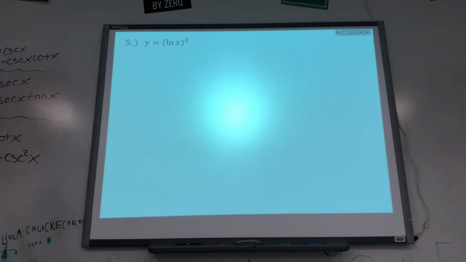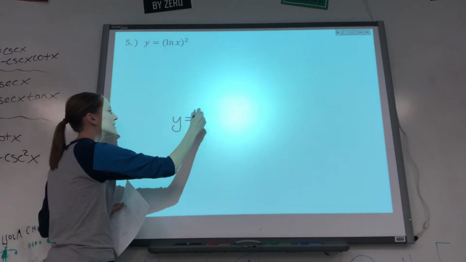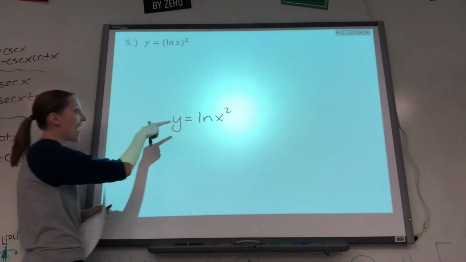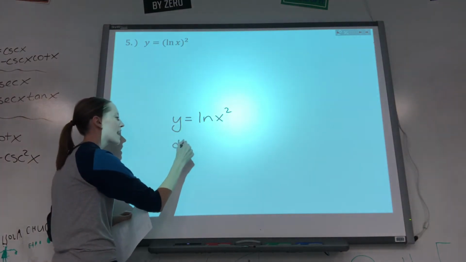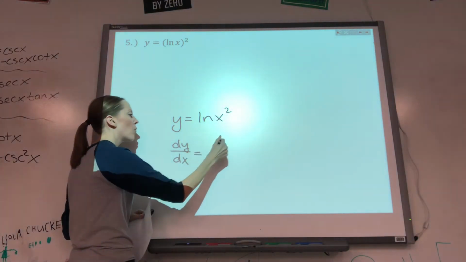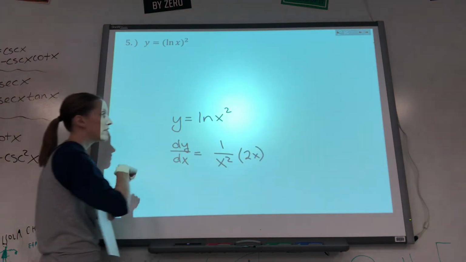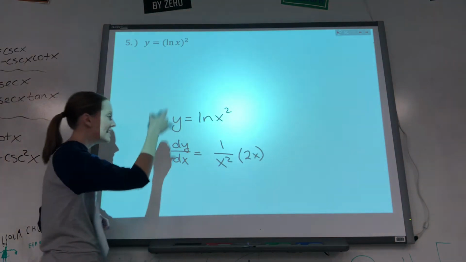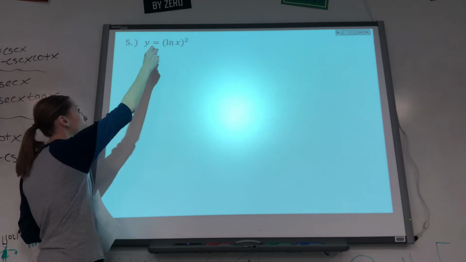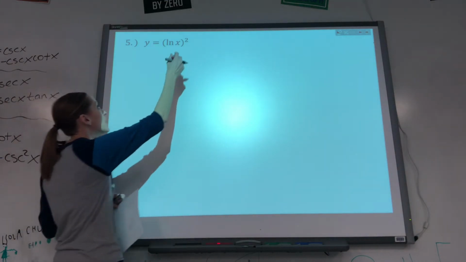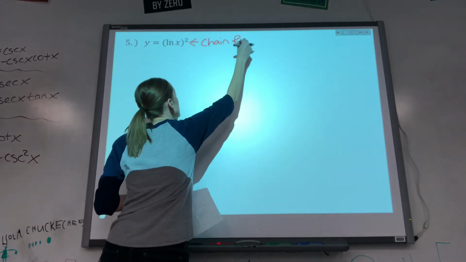If this was just natural log of just x squared, I would start out by putting 1 over x squared and then multiplying by the derivative of x squared, which is just 2x, and then I would simplify. But this is different because the entire natural log of x is being squared.